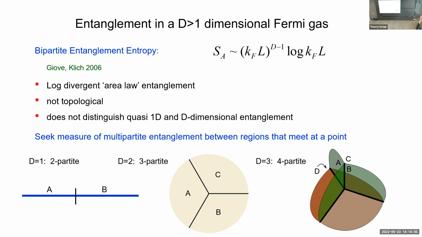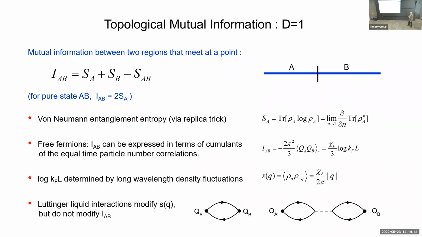In order to set the stage for that, let me talk about the bipartite entanglement first. I'm going to recast the bipartite entanglement as a kind of mutual information.